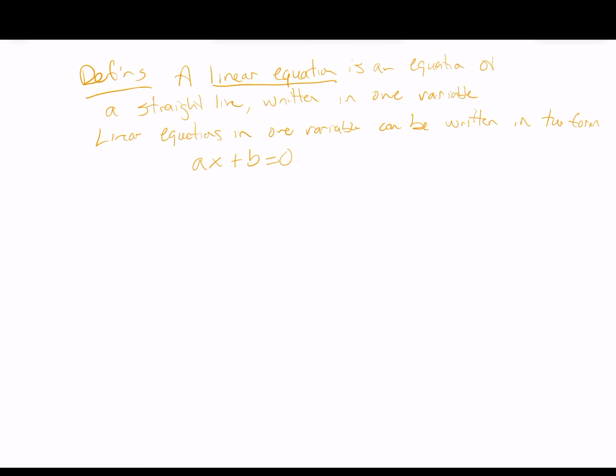Now, we need to be able to classify linear equations into one of three types. The first is an identity. The identity equation is true for all values of the variable.